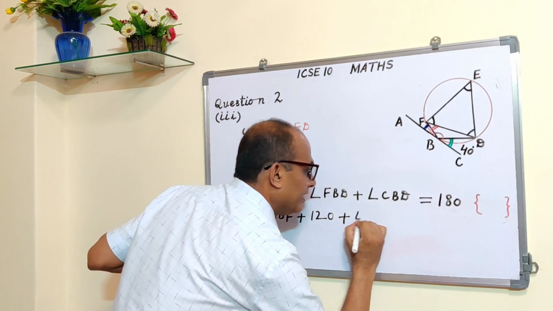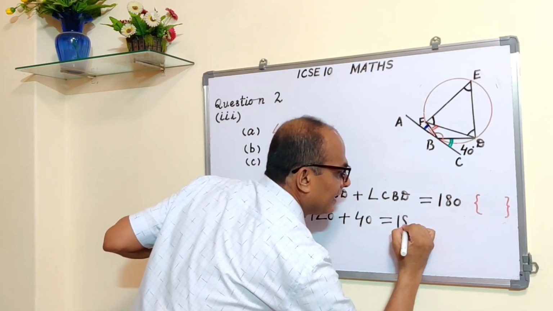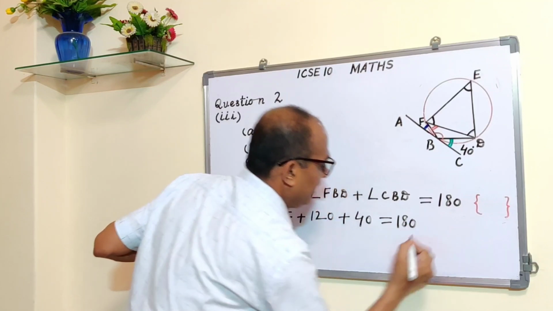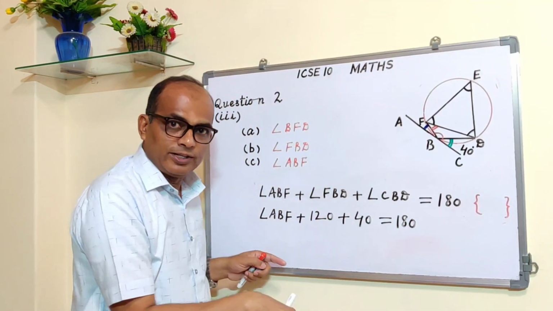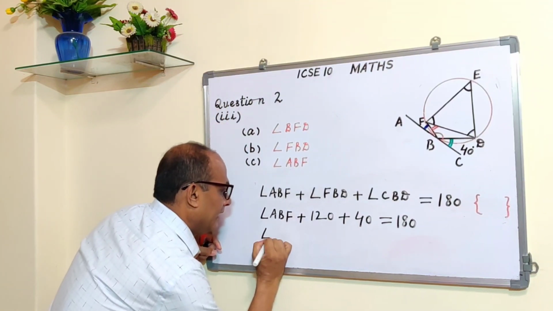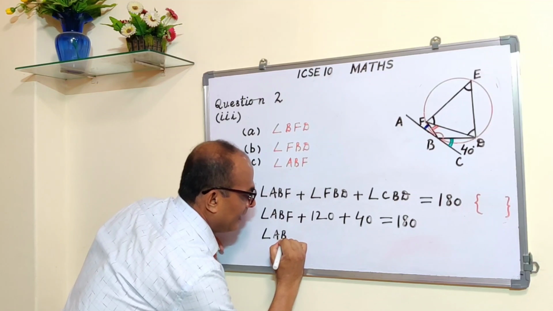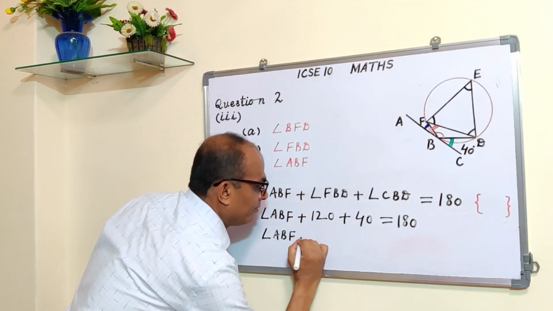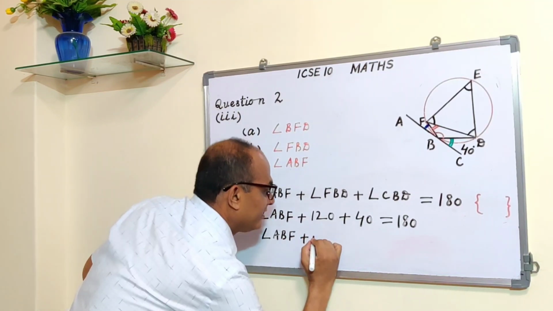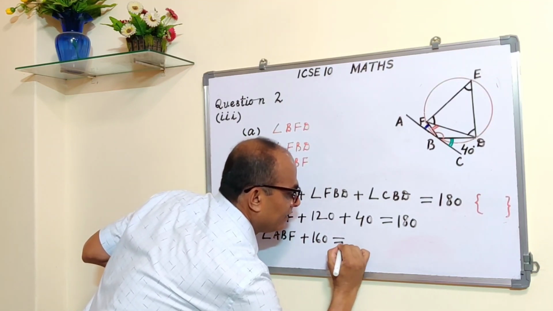Angle CBD is 40, and this is equal to 180. Now you write down all these steps. You add it, 120 plus 40: angle ABF plus 160 is equal to 180.